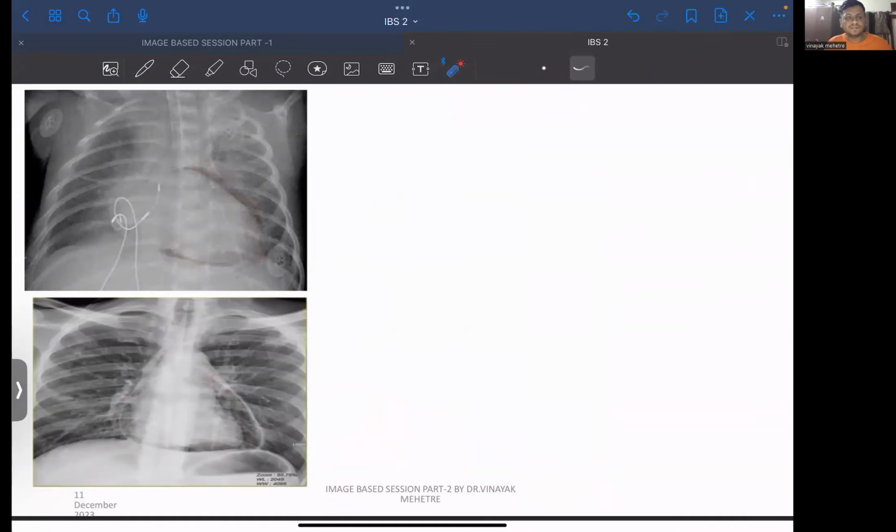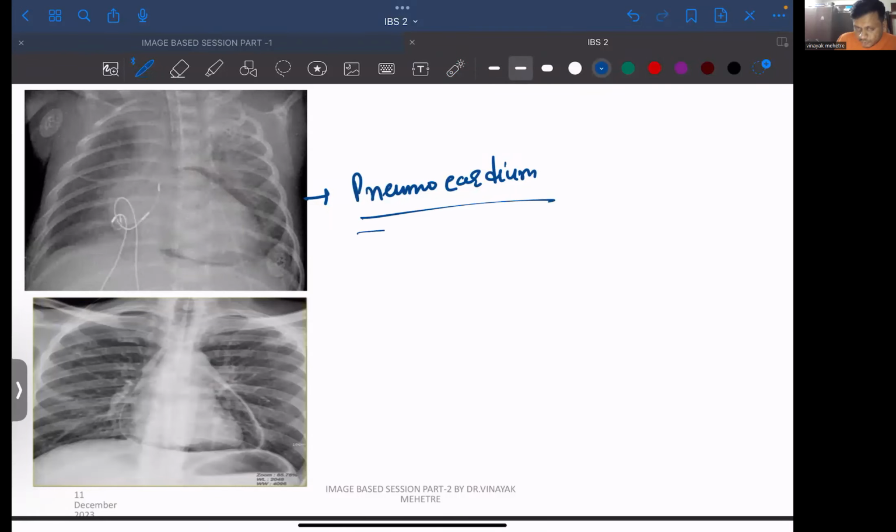What do we call this? Pneumocardium, right? This is pneumocardium: entrapment of air in the heart borders or in the myocardium. Air has gone inside it. That is called pneumocardium.